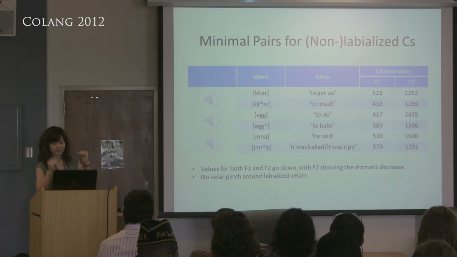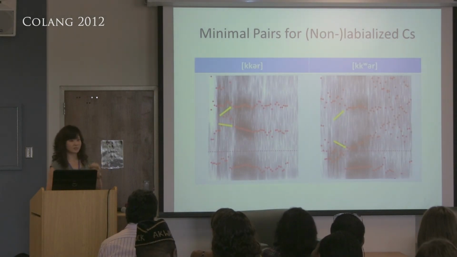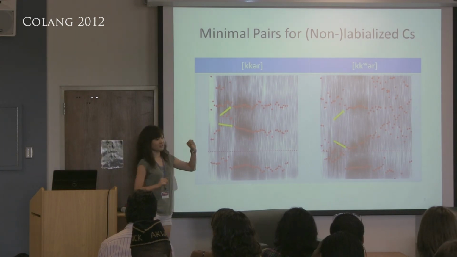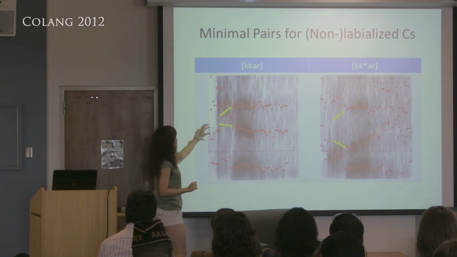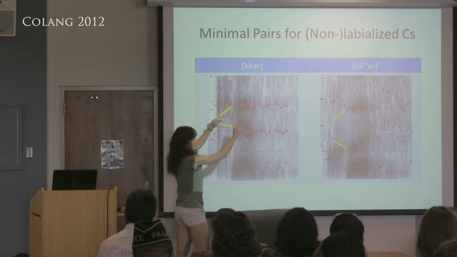So the fact that the value of F2 goes down indicates that the vowel is articulated further back in the mouth. So there's a thing called velar pinch.